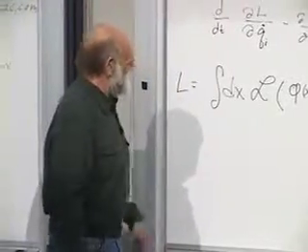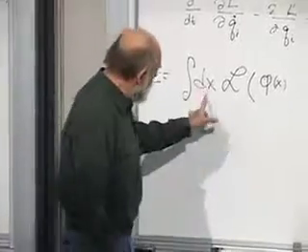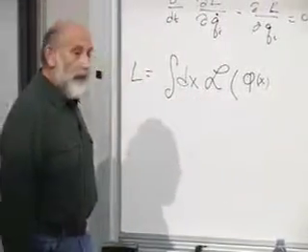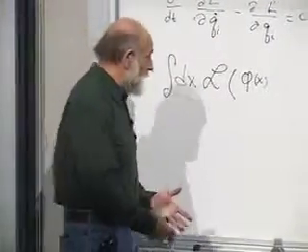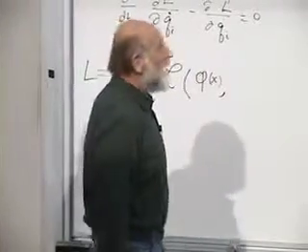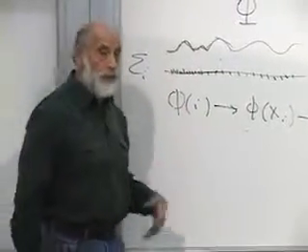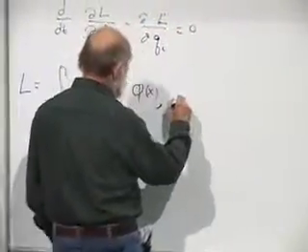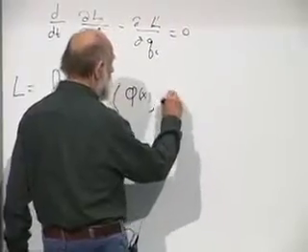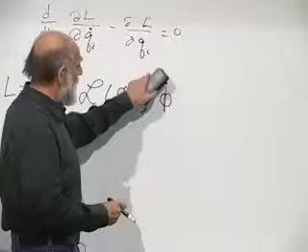Right, so the sum over the degrees of freedom becomes an integral over x of a thing which is called the Lagrange density. In general, the Lagrange density will depend on phi. It will depend on time derivatives of phi, just like Lagrangians depend on q's and q dots. The Lagrangian will depend on phi. It will depend on phi dot, which means the derivative with respect to t.